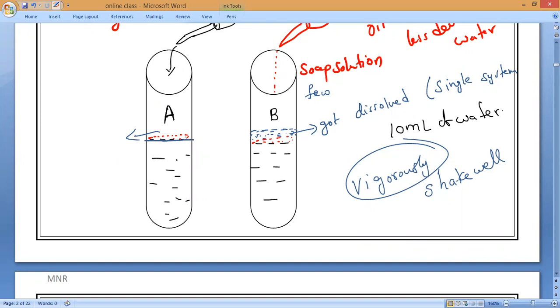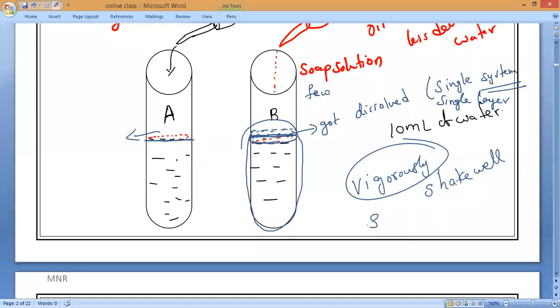Oil and water will never mix with each other. But here, as the oil dissolved in the soap solution, it forms entirely a single system, a single layer. There is no separation between soap solution and oil because the oil is dissolved in the soap solution.